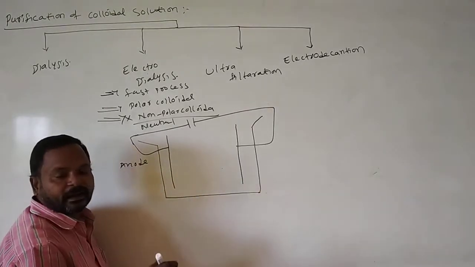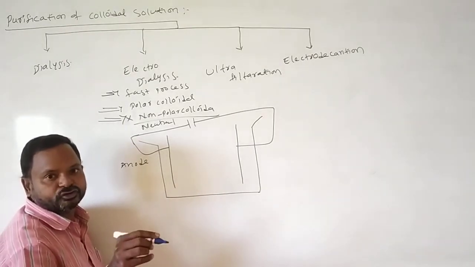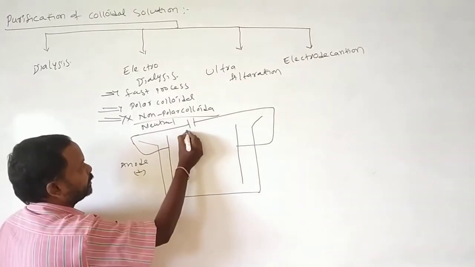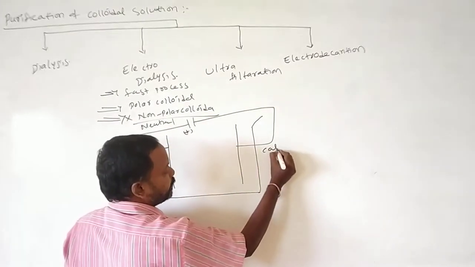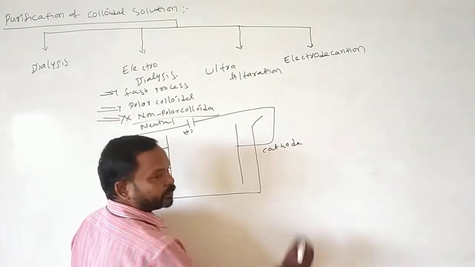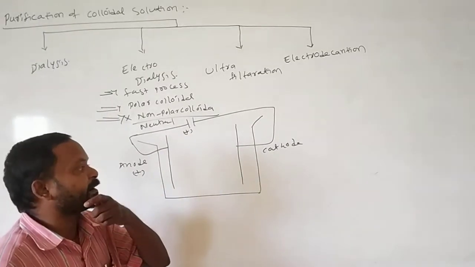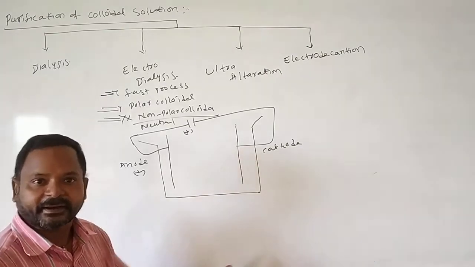Anode attracts the anion. Anion means negative charge, so what attracts it carries positive charge. Here we mention positive charge. On the right side you take the cathode. Cathode attracts the cation, meaning it carries negative charge.